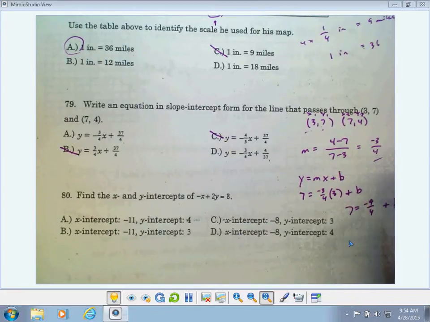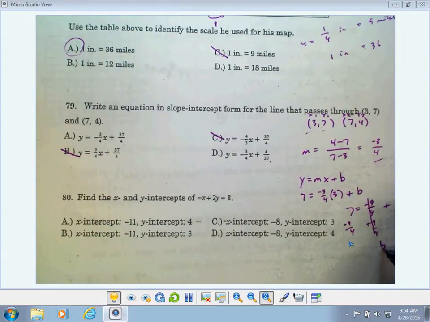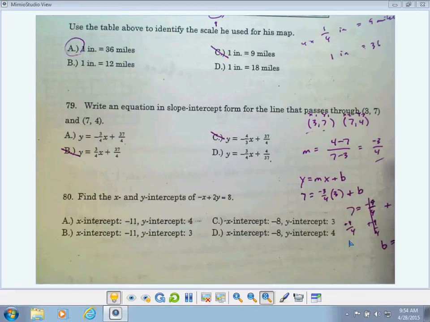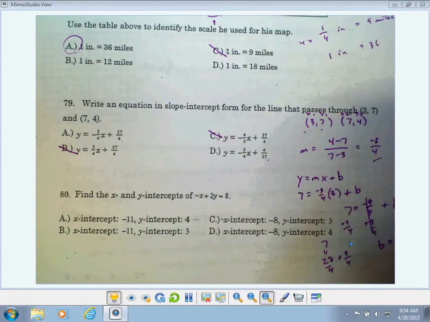And I'm going to add 9 over 4 to both sides and cancel that to help me figure out what b is. So 7 is the same as 28 over 4 plus 9 over 4. Together is 37 over 4. So our answer is A.